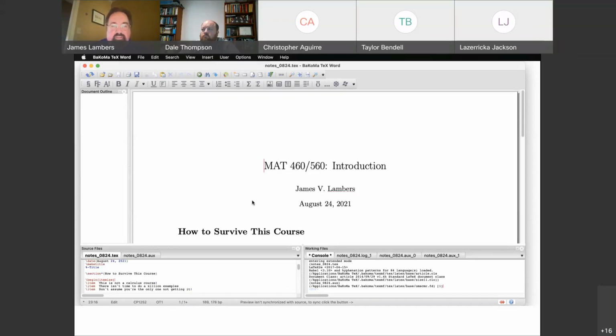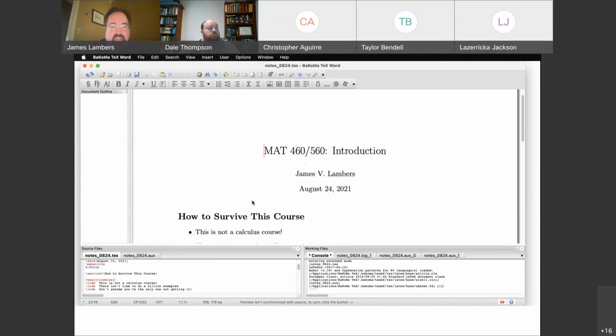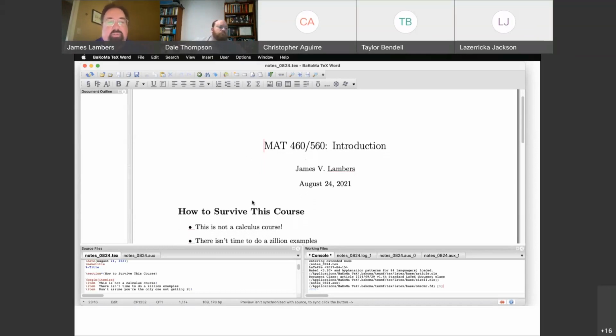Things to keep in mind for this course, which are not necessarily the same as other upper level math courses. I want to point out, and this is really true not just of this course, but other upper level mathematics courses. I recall from my experience in teaching classes such as Calculus 1 or 2, what's really nice about those classes at a lower level is that there's always time to do a ton of examples of things like computing derivatives and integrals and so forth.